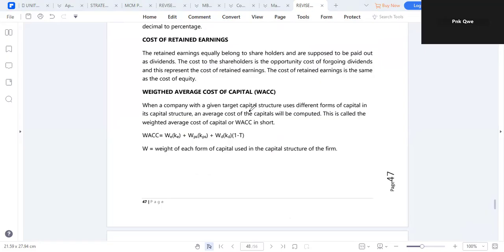When a company is given a target capital structure, it uses different forms, a bit of equity, a bit of debt; you can't be over-leveraged, with everything being debt. So WACC is given by weight of equity times cost of equity, plus weight of preferred stock times cost of preferred stock, plus weight of debt times cost of debt times the tax shield. So each form has a weight attached.